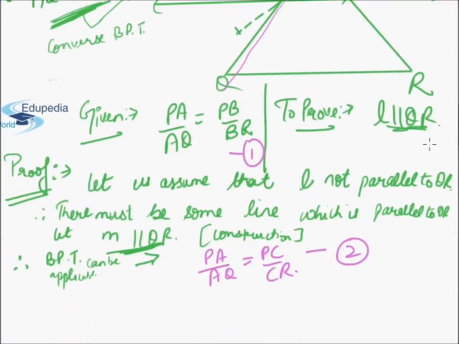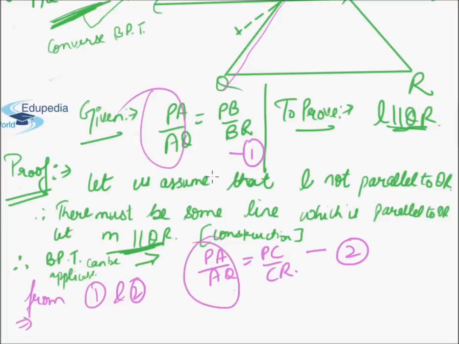Now, according to the first and second equations, we have their left hand side the same on both the sides, therefore their right hand sides will also be the same, which implies PB over BR is equal to PC over CR.